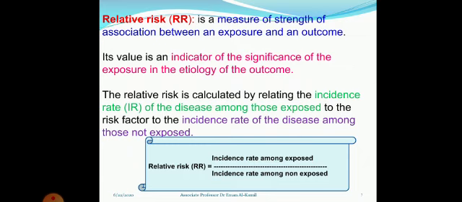But the ratio is between a numerator and a denominator, and the numerator is not part of the denominator. So the relative risk is the ratio between the incidence rate among exposed divided by the incidence rate among non-exposed. The incidence among exposed is not part of the denominator, which is the incidence among non-exposed.